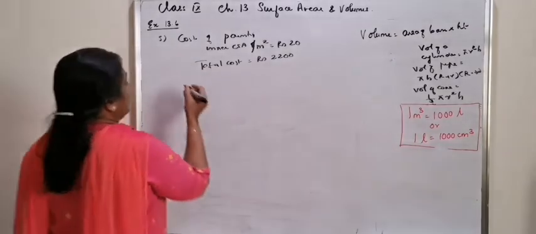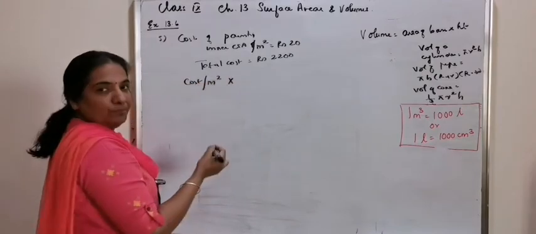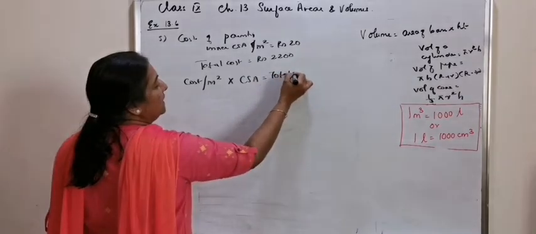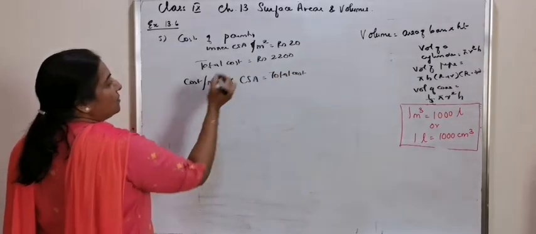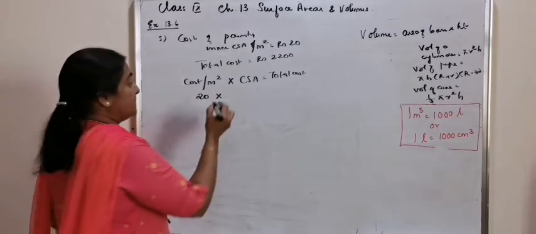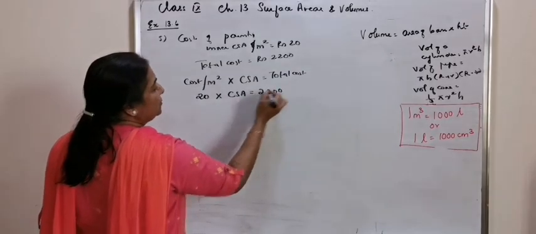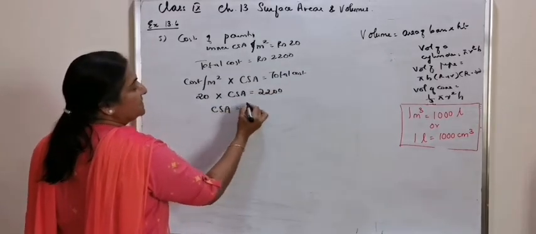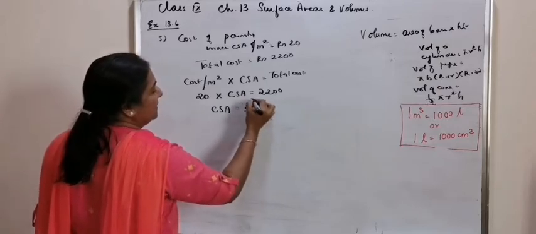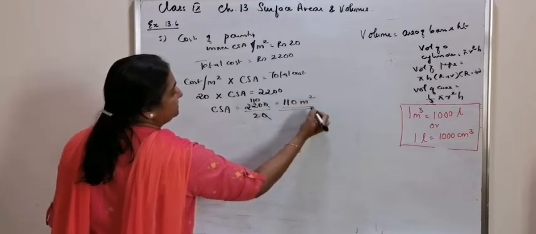Cost per meter square into curved surface area is giving you the total cost, or cost per meter square is 20 into, what is the formula for curved surface area? Let's leave it as curved surface area is equal to 2,200, or curved surface area is 2,200 divided by 20, or it is 110 meter square.